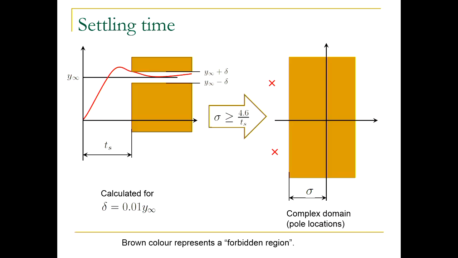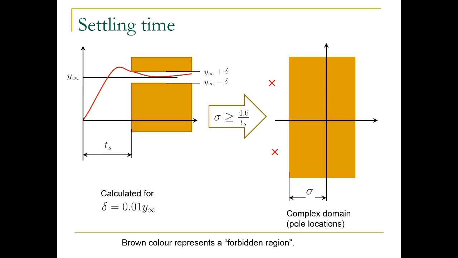So if you remember, the stability region is the left half plane. So we have to avoid right half plane anyway, just to have stability. But if you want to achieve settling time smaller than some number, then you have to actually be more stable, if you want, right? All the real parts of your poles have to be outside this shaded region. So they have to be somewhere here, right?